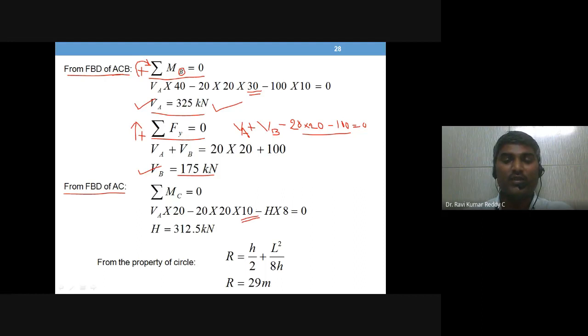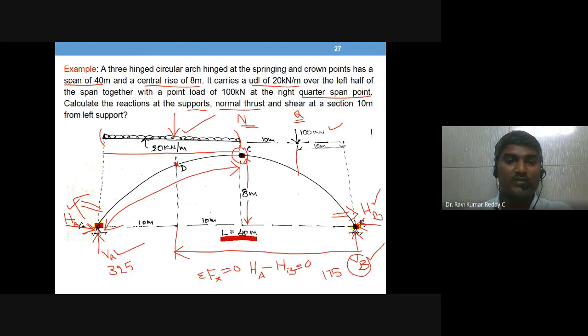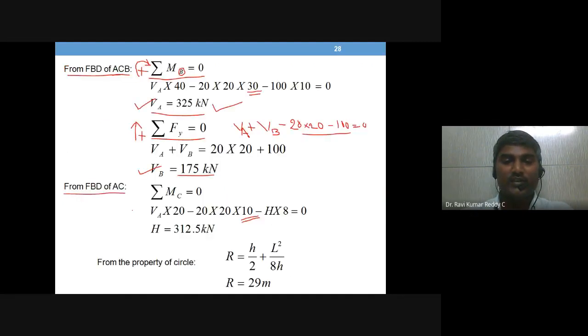Distance 10 is from the crown. And what is the other force which causes moment? To the left of C, you have the UDL, the vertical reaction, and the horizontal reaction. So H into the perpendicular distance, which is 8. So H into 8. The only unknown in this equation is H, that is 312.5.